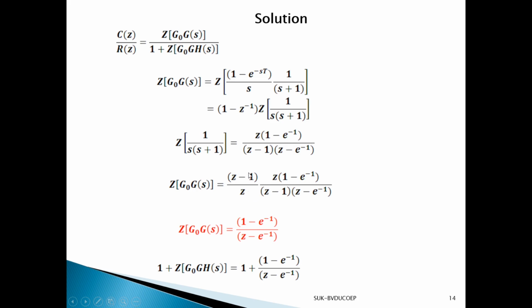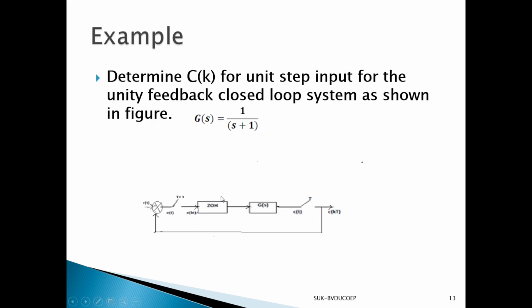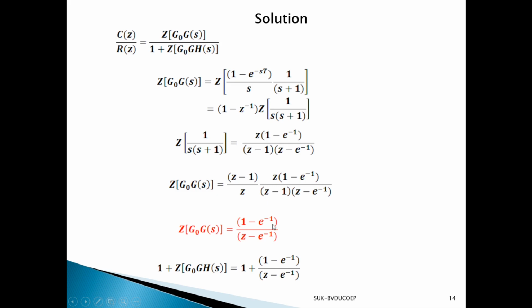So this Z will go, this will go, and this is the Z transform of open loop: 1 minus e raised to minus 1 upon Z minus e raised to minus 1. Now I will come to the closed loop. The closed loop characteristic equation is 1 plus Z transform of G0 GS.